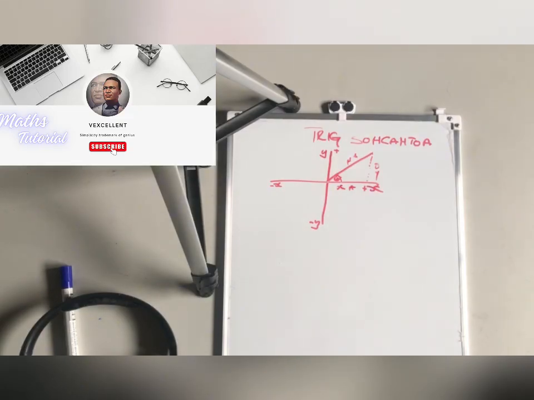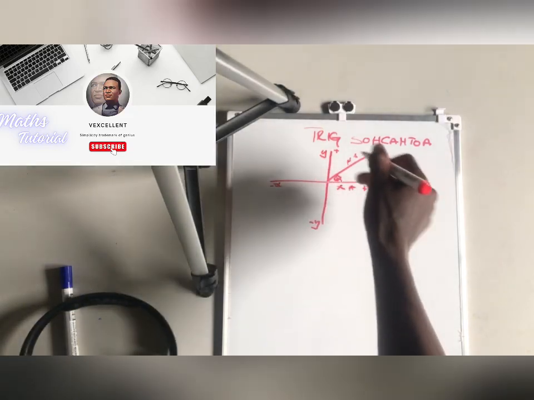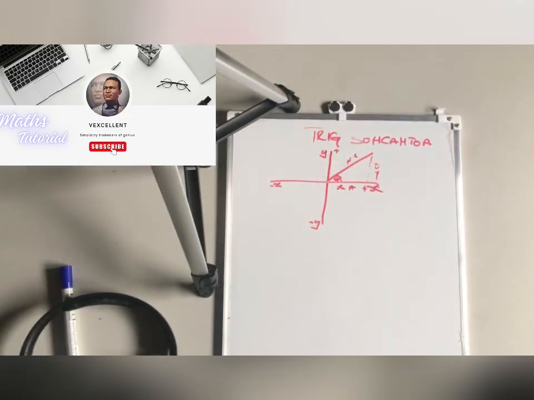It's a quarter of a circle, and when you complete this, it makes a circle. I think you can get it.